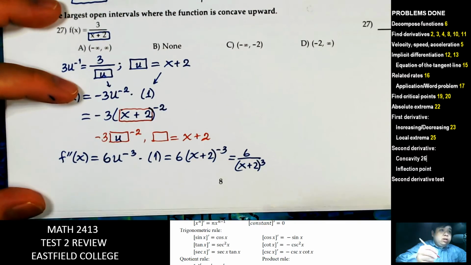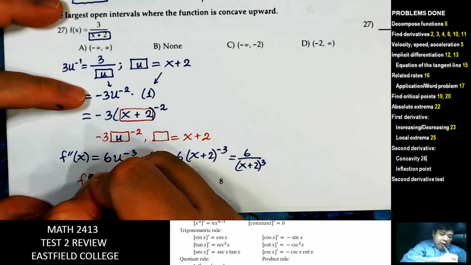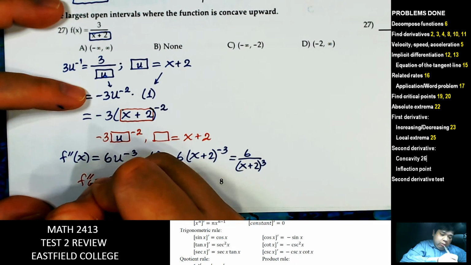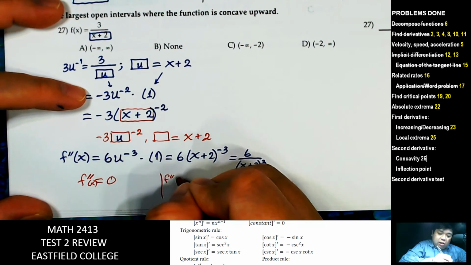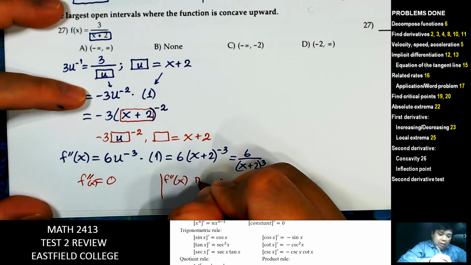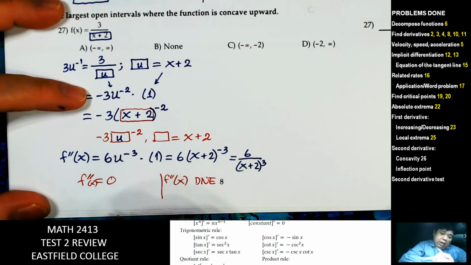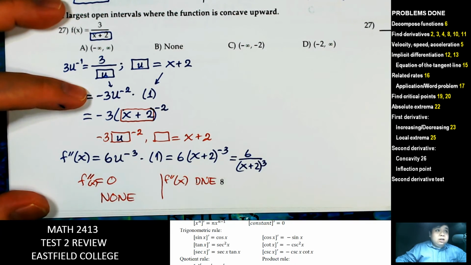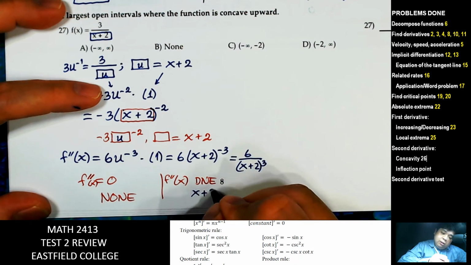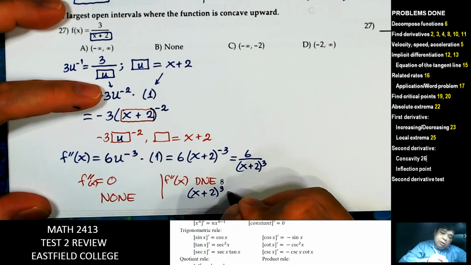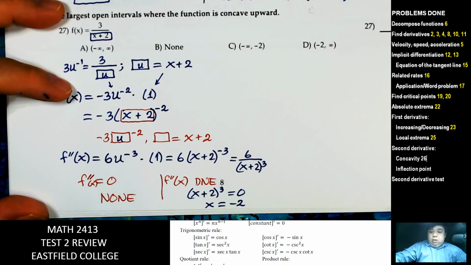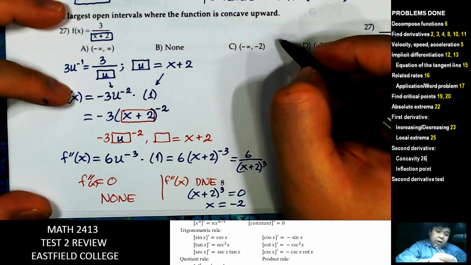And then we do two things like we did before. Equal to 0, and does not exist. Here we have nothing. Here we have that. Right, so we have negative 2.